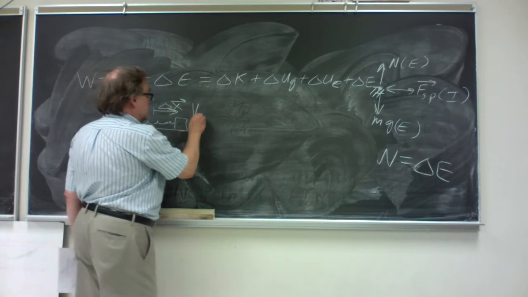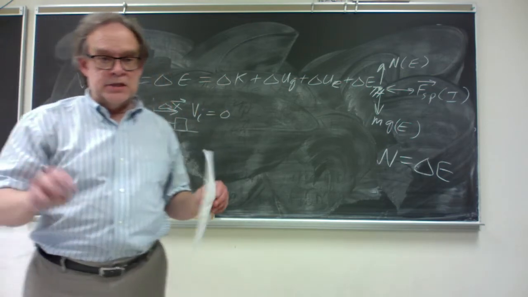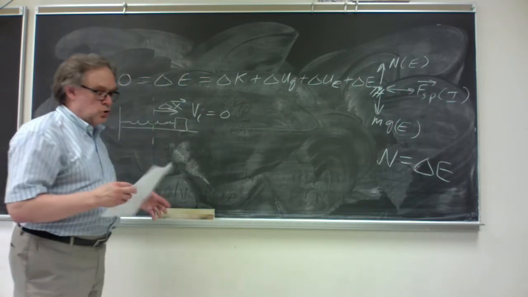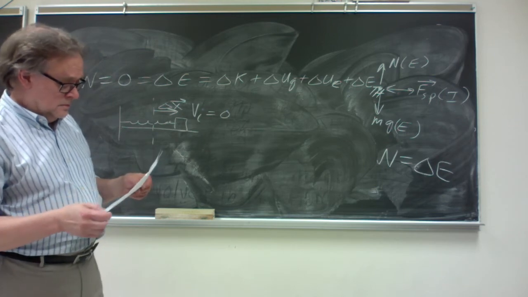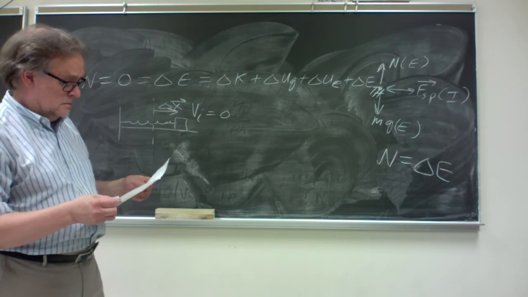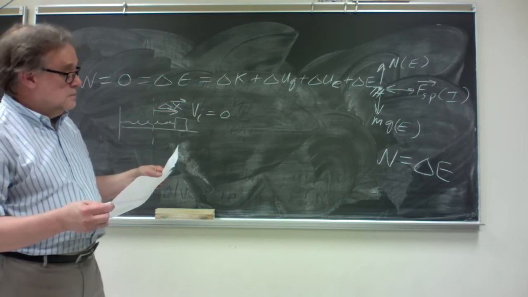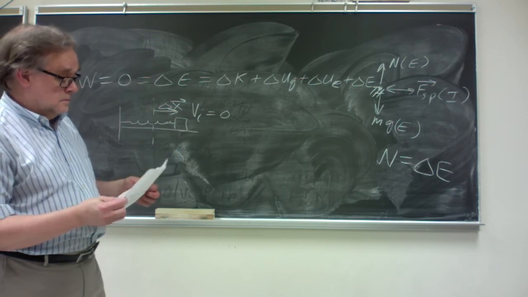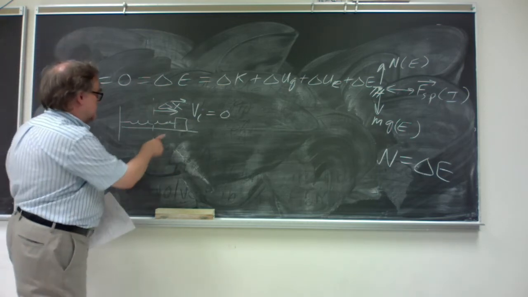So at the initial moment, the very start of the process that we're going to look at, the velocity is 0, and then the velocity starts to increase. And that's the initial state.